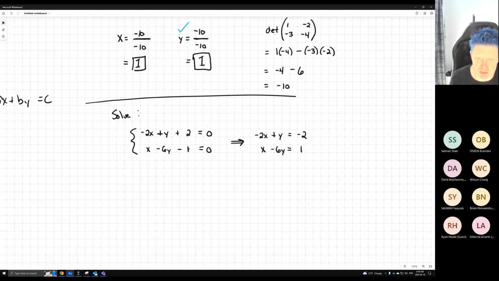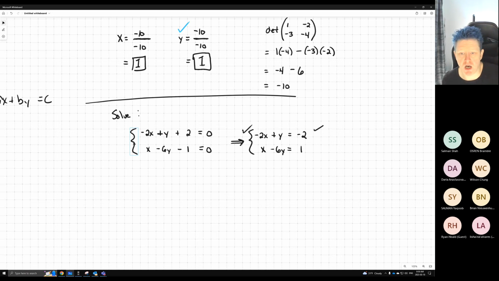So this is what I should use. Do not use that. Otherwise, Cramer's Rule will break. So this is what we want to use.